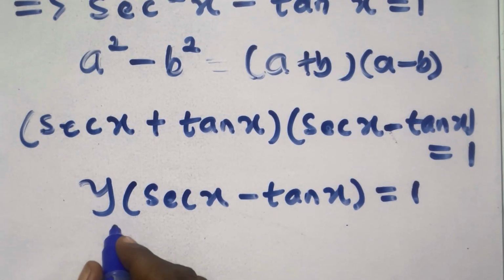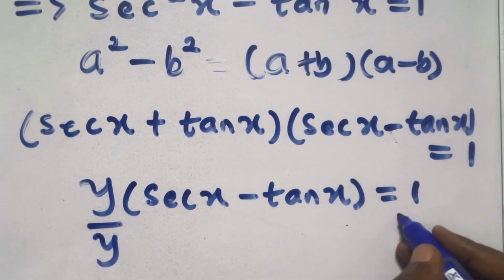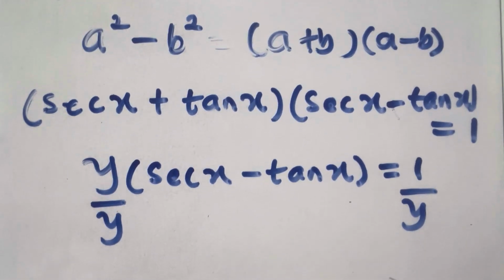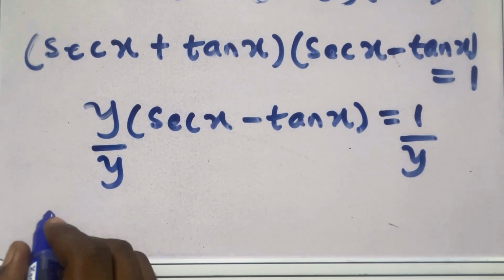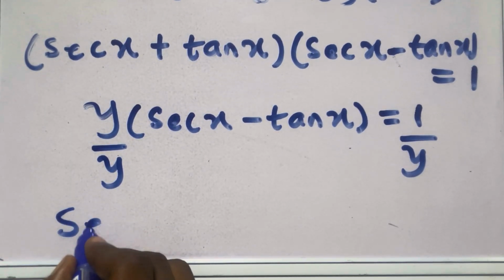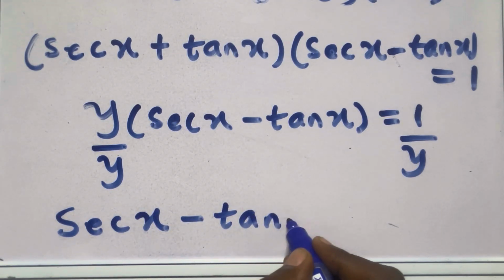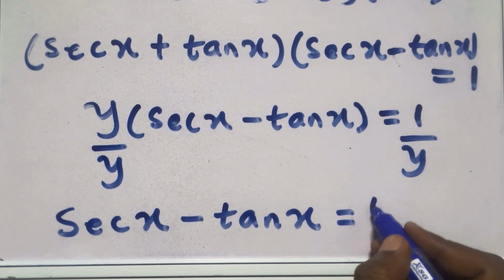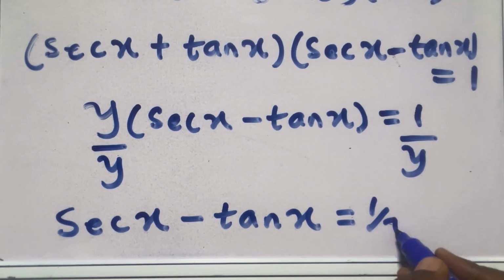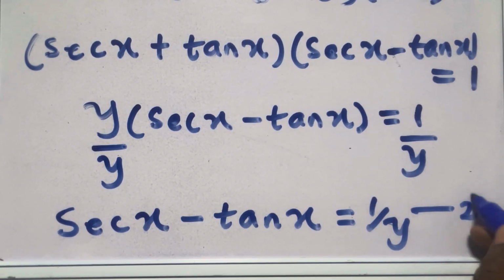Remember we let tan x plus sec x be y, so we have y multiplied by sec x minus tan x equals 1. What we have to do here is divide both sides by y. If you do, we get sec x minus tan x equals 1 divided by y. Let this be our equation 2.